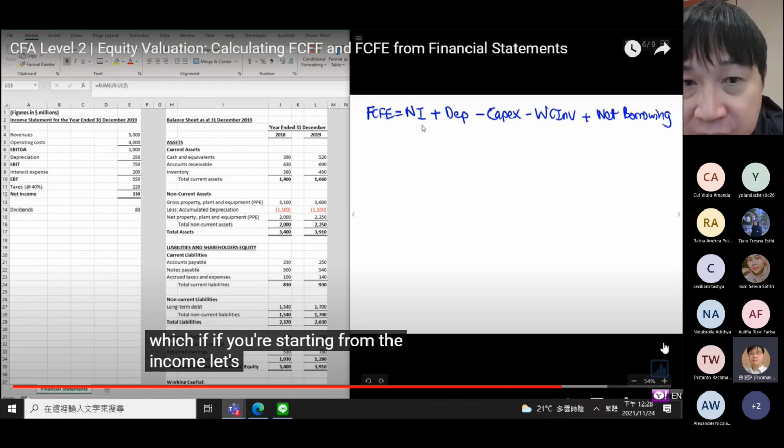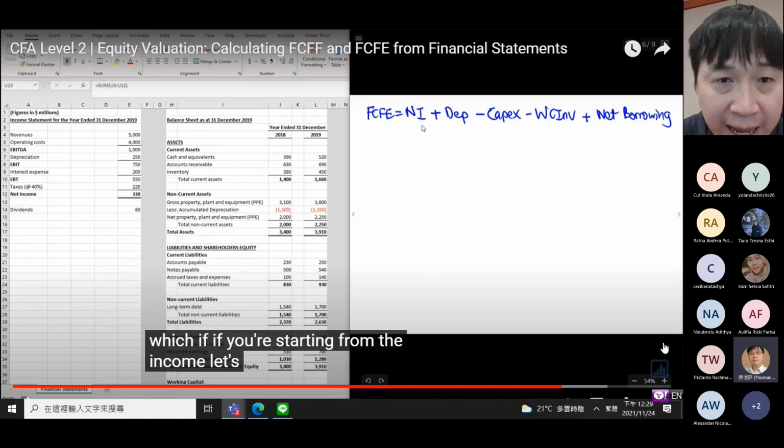capital expenditure. So we know that every year the company has additional investment, and this term is required, so we have to subtract it. Okay, and we know the working capital changes.